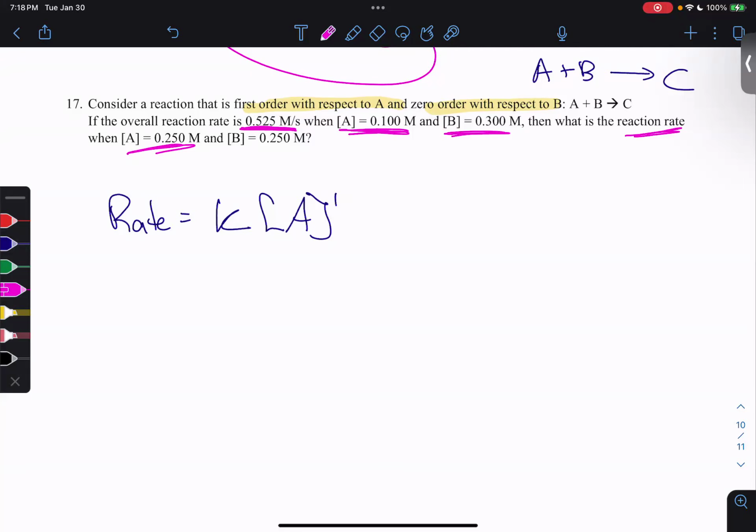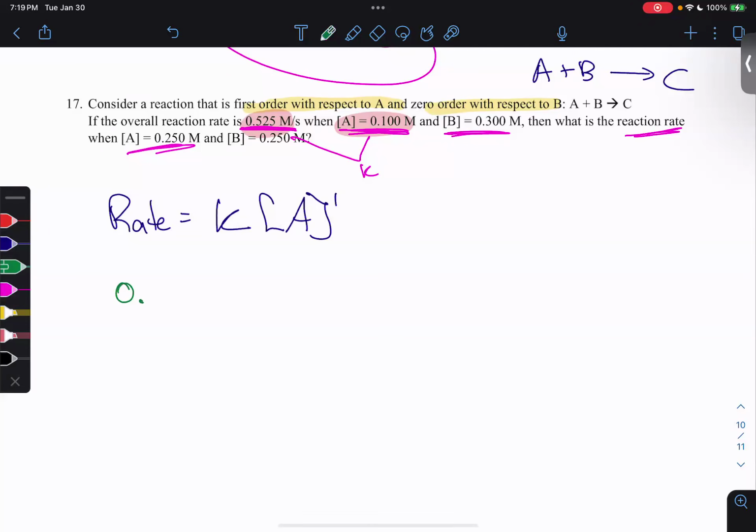So the intermediate between these two steps is, given these first conditions, 0.525 and that A concentration, I can actually calculate what is the rate constant for this reaction. Once I have the rate constant, I can plug in the second set of numbers that are given, right? So those pink values I'm gonna plug in.